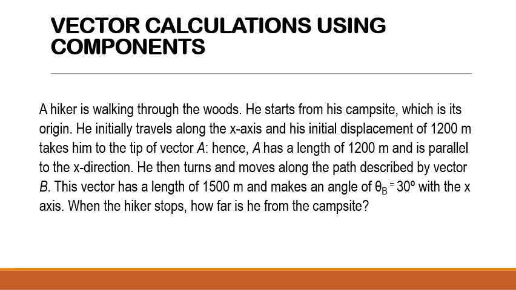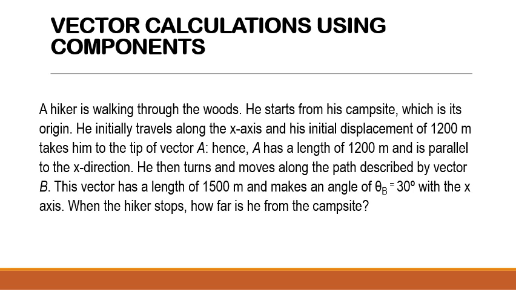He then turns and moves along the path described by vector B. This vector has a length of 1,500 meters and makes an angle of theta B equals 30 degrees with the x-axis. When the hiker stops, how far is he from the campsite?